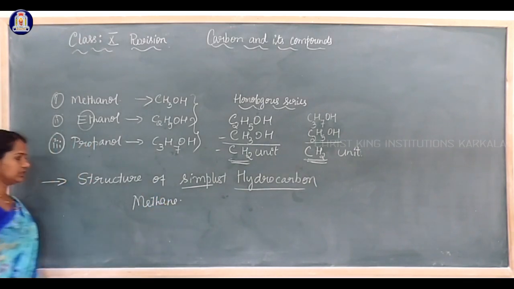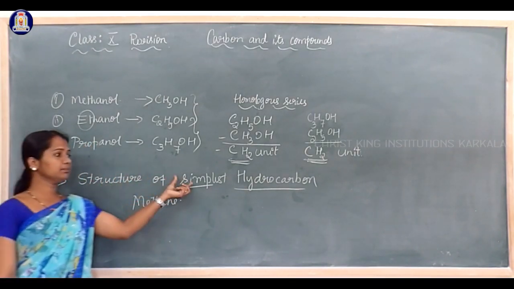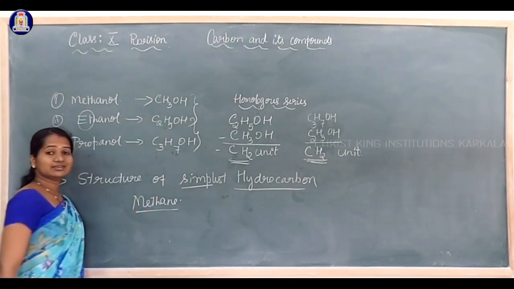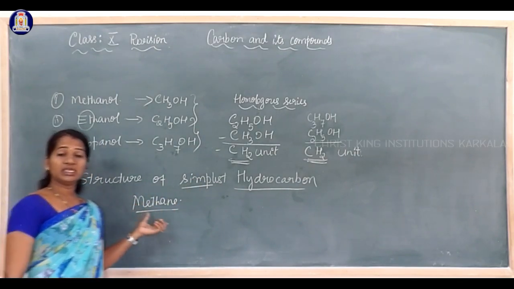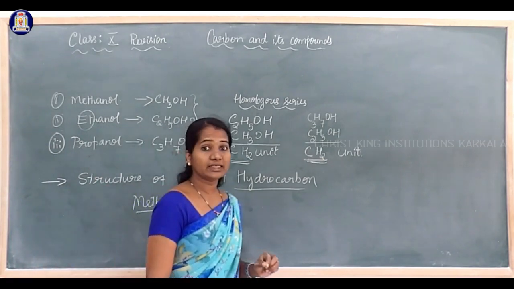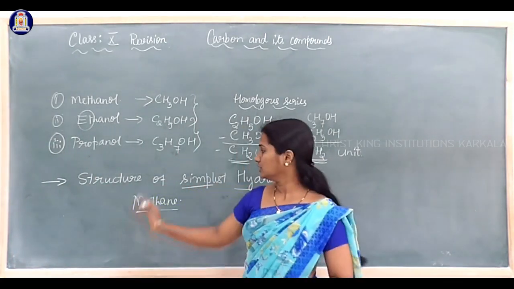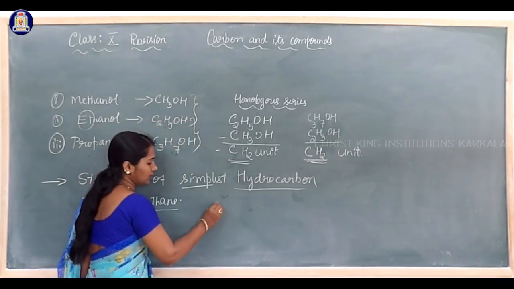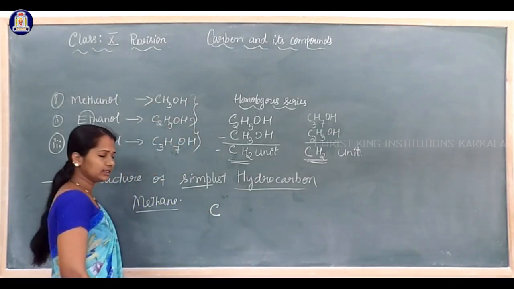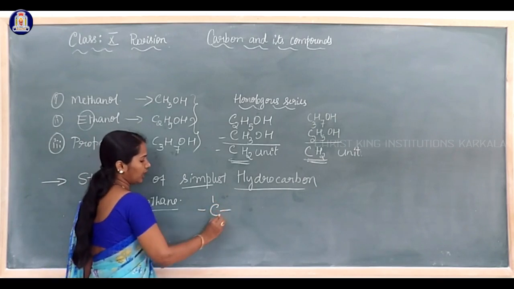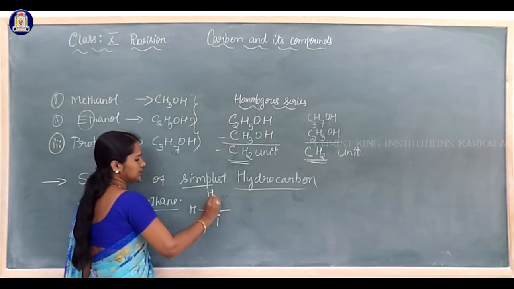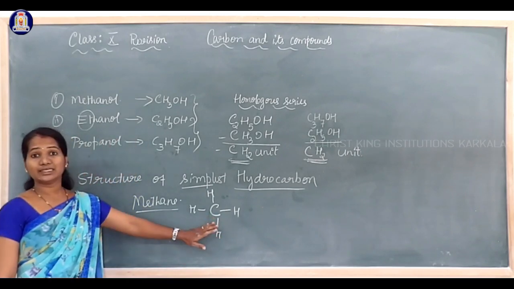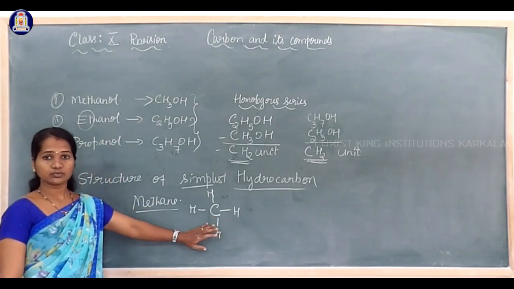So the question asks for the structure of the simplest hydrocarbon, which means you have to write the structure of methane. Methane contains 1 carbon and 4 hydrogen atoms. This is the structure of methane, the simplest hydrocarbon.